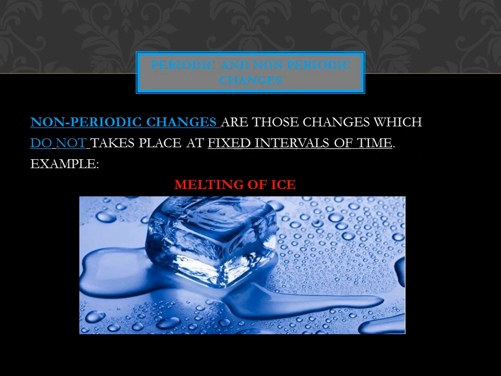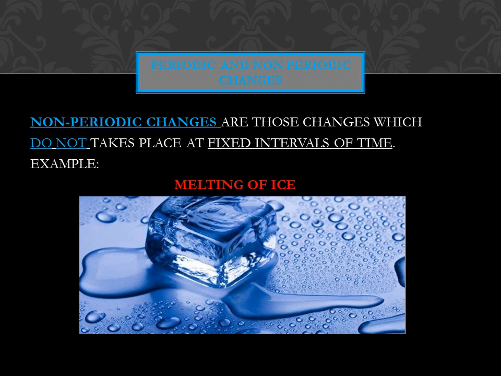Let us come to the non-periodic changes. Non-periodic changes are those changes which do not take place at fixed intervals of time. So they do not have any fixed duration of time for their occurrence. For example, melting of ice does not have a fixed duration of time. It can occur any time, for any longer or shorter period of time.